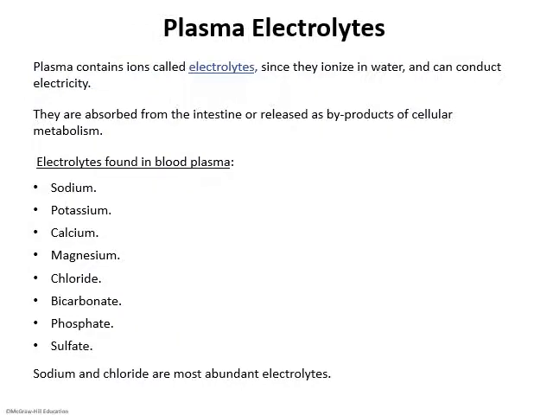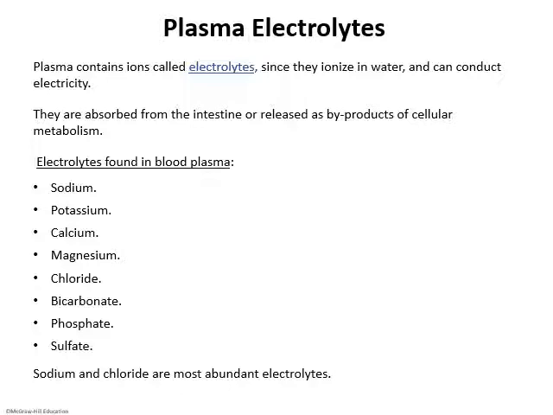Okay, so plasma electrolytes, remember that electrolytes are called that because when they ionize in water, they can conduct electricity. So if you put enough salt into a pot of water, you could actually take the ends of plugs, put them in, and it'll conduct electricity and complete the circuit. Do not do that at home though, please.